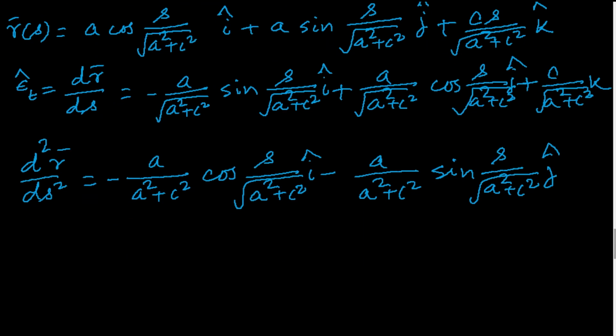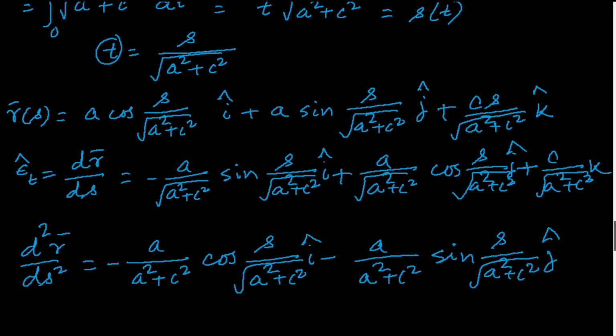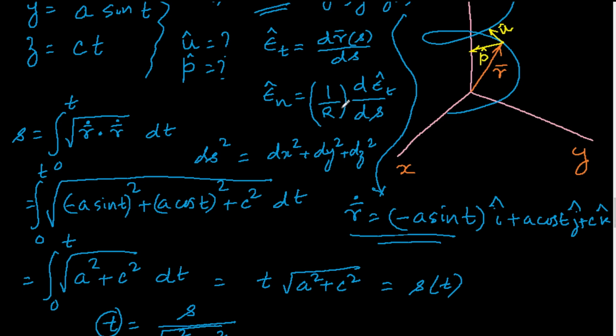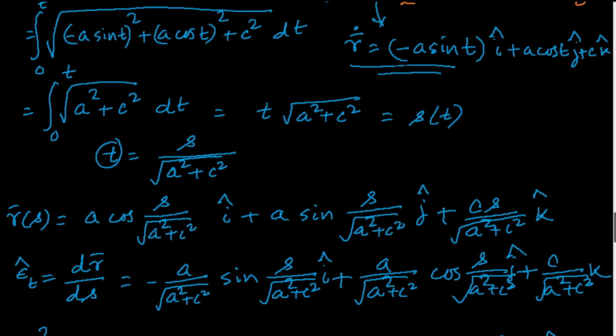So this is not the e n, but it's just d squared r by ds squared. But if you remember, did I write that somewhere? Yeah, so the modulus of whatever you get is nothing but the radius of curvature, fine.